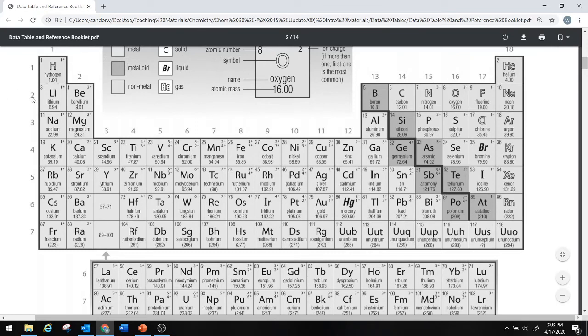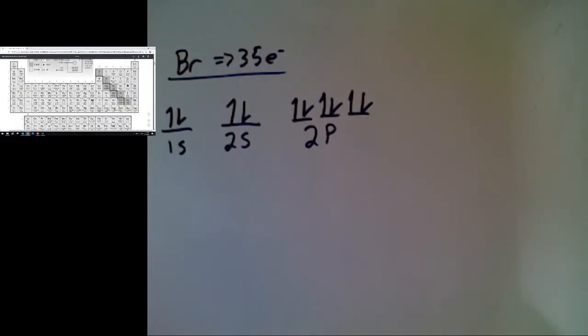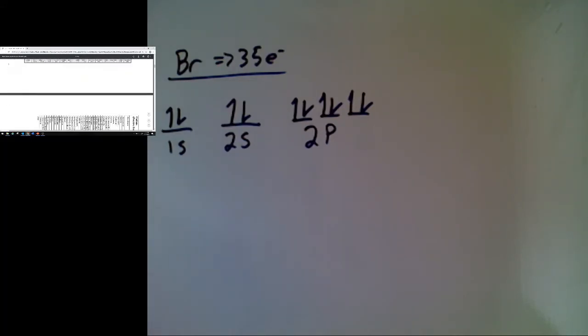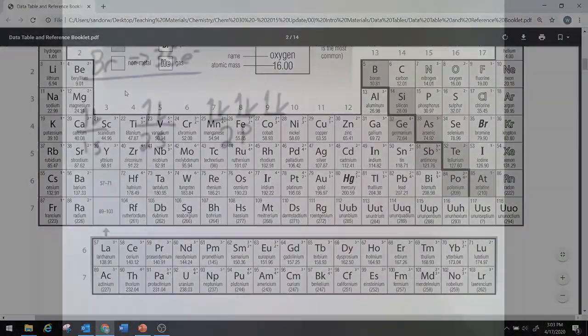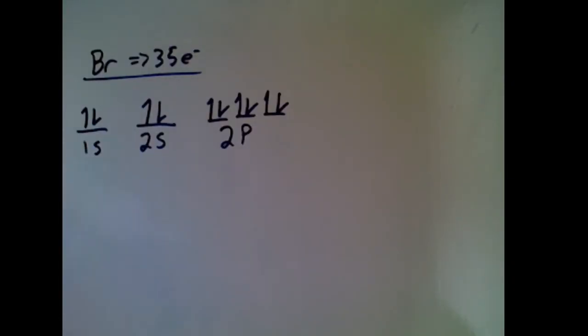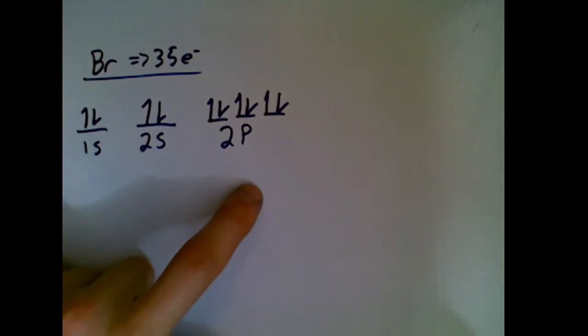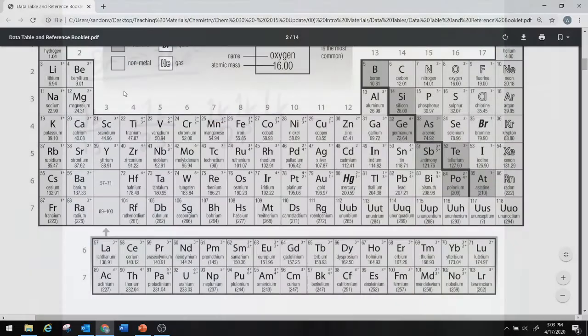Next is the 2s followed by 2p. So let's look at our periodic table. Well, that's the second energy level.